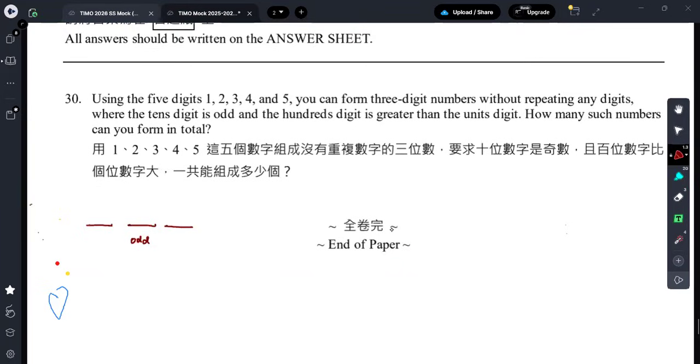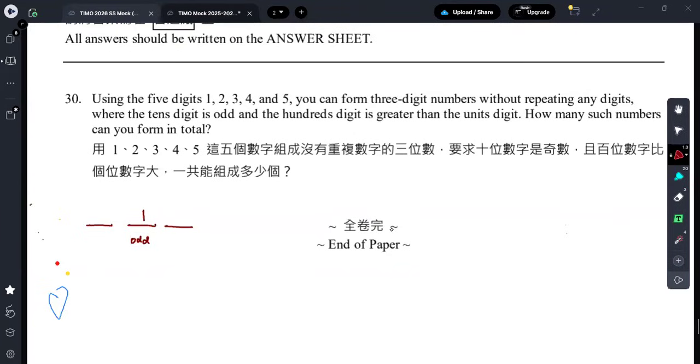So if the tens digit is 1, what are the possible 3-digit numbers? The hundreds digit is greater than the units digit.